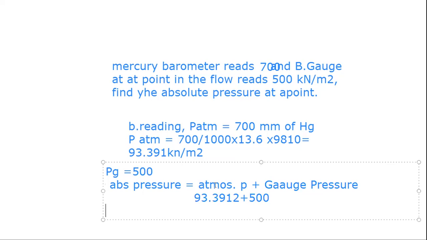The value for the absolute pressure is 593.3912 kilonewton per meter square. So that is the absolute pressure for this gauge question.